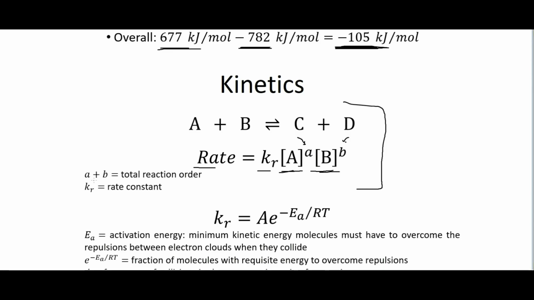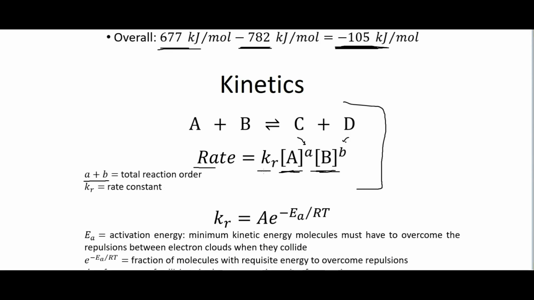The total reaction order is the sum of those two. To get those, you actually have to run experiments by altering the concentrations of our reactants in order to get our rate law.